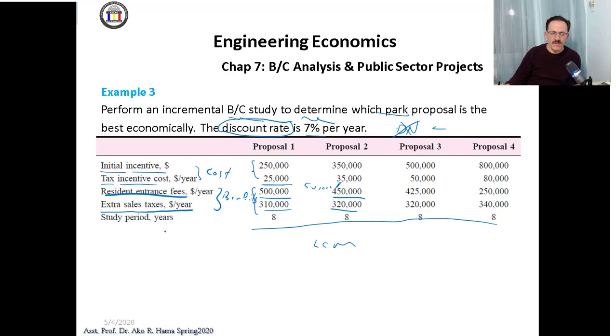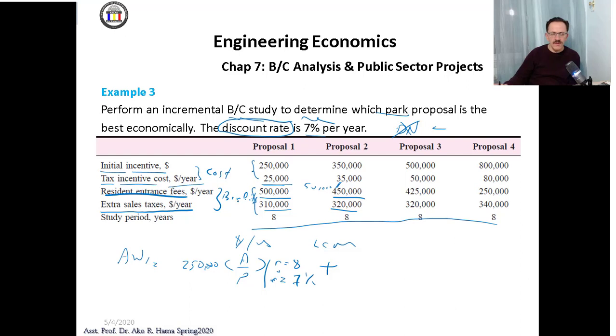So we have to find the annual worth for proposal 1. For proposal 1, you have $250,000, this is P, make it an A for n equal to 8 and i equal to 7%, plus this will become dollar per year, plus we have another cost, which is the tax incentive cost, which is equal to $250,000 per year.